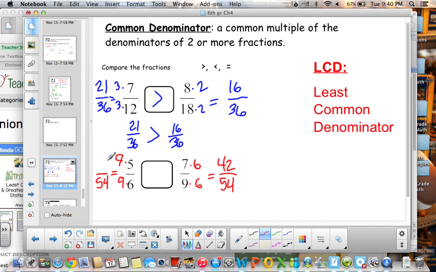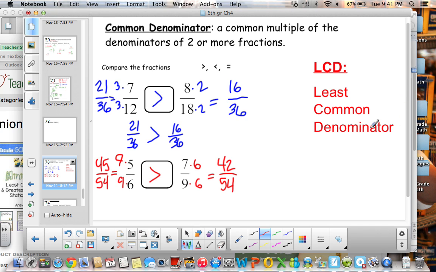So 9 times 5 is 45. We know that 45/54 is greater than 42/54, because 45 is greater than 42. So 5/6 is greater than 7/9.